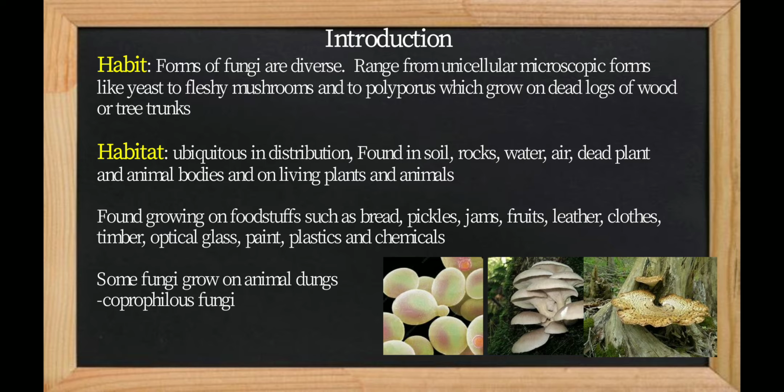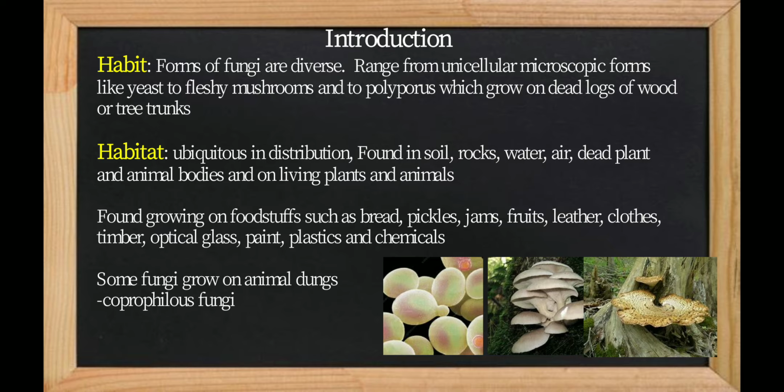The habitats of fungi are also extremely diverse. They are ubiquitous in distribution, that means they are seen everywhere. They are found in the soil, rocks, water, air, dead plant and animal bodies, and also on living plants and animals.